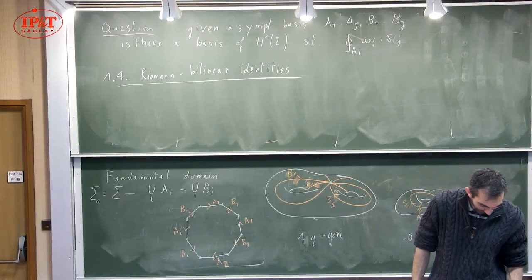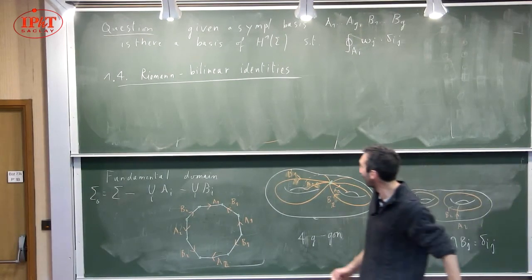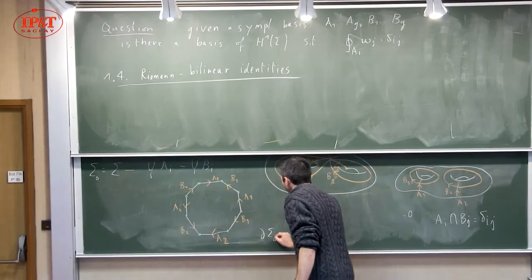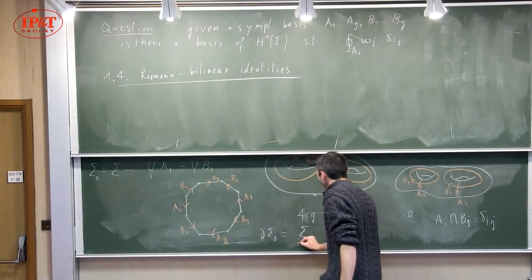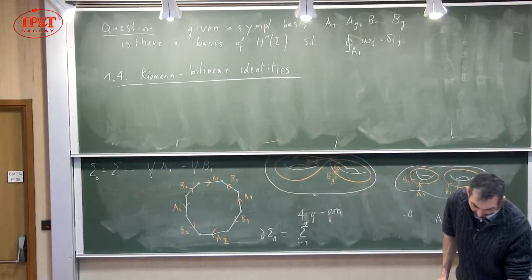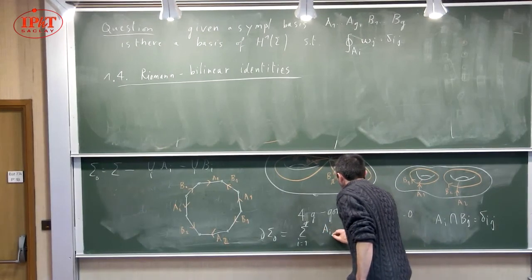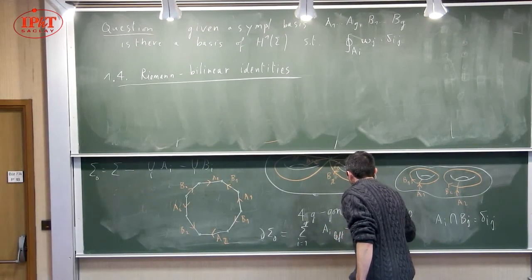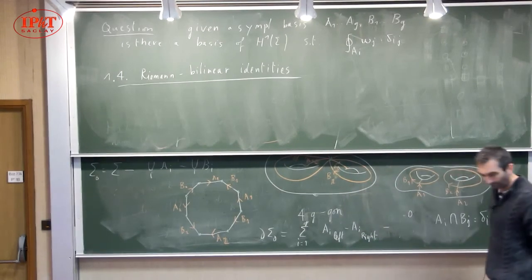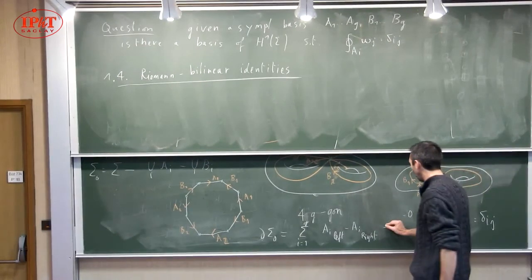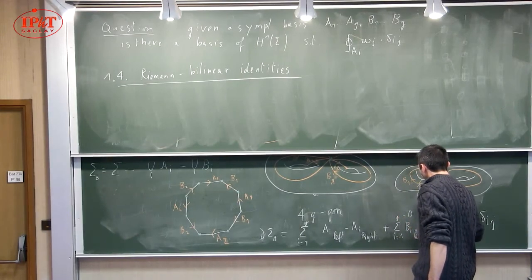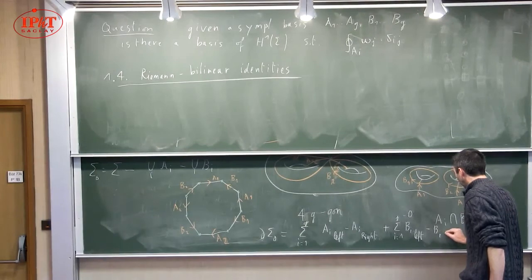So what's important is that the boundary of sigma 0 is the sum over i equals 1 to G of A_i left minus A_i right, plus the sum over i from 1 to G of B_i left minus B_i right.